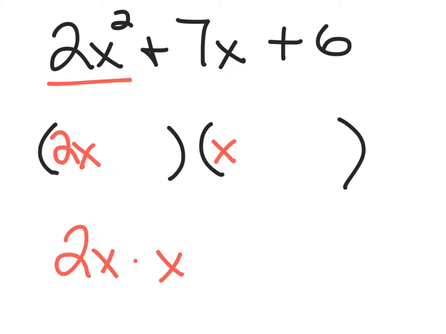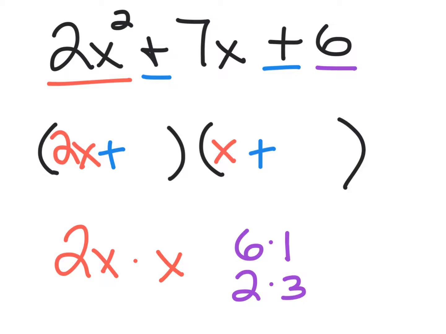And then what's added or subtracted to them, now notice we have all addition signs, so I'm going to add. So what's added or subtracted to them is going to be the factors of 6. So what are the factors of 6? 6 times 1 and 2 times 3.